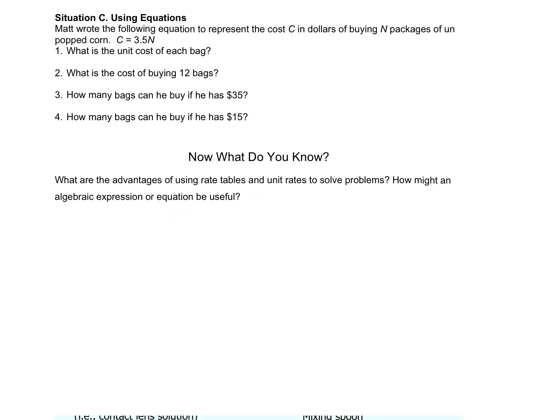All right, so Matt wrote the following equation to represent the cost C in dollars of buying N packages of unpopped corn. And there is the equation. C equals 3.5N. So what is the unit cost for each bag? That would be $3.50. What is the cost of 12 bags? We're going to times that by 12. I'm actually going to double 3.50 to 7 and then half 12 to 6.